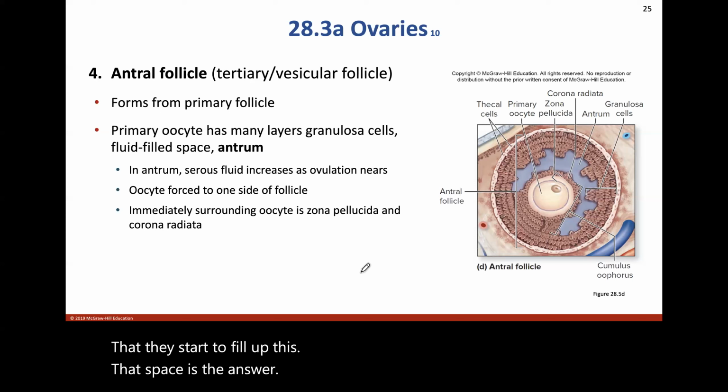So this developing follicle is being bathed in estrogens. And this is going to help the maturation of this follicle.